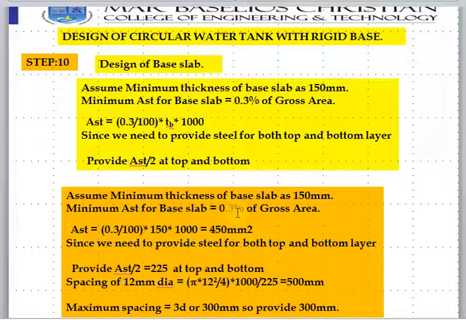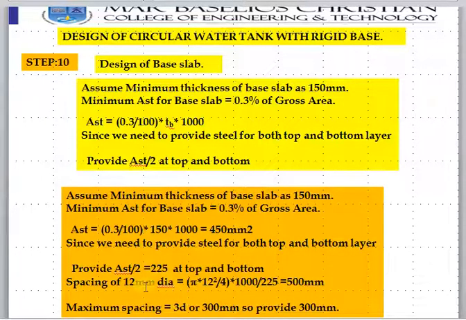Nothing wrong in that, you can go for 0.24, but normally, as a matter of fact, 0.3 is what you use for the base slab actually. If you take 0.24 also, nothing wrong. So AST is 0.3 by 100 into 1000 into 150, so you will get 450 millimeters square. So this 450 millimeters square is for both top and bottom. So one side it will be 225.